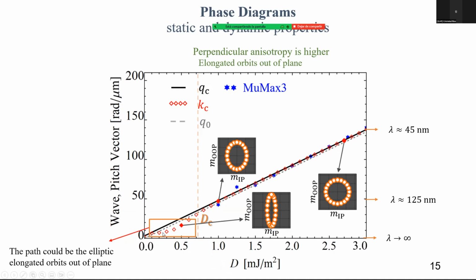And this difference between the spin wave theory and the conical helix model could be because our model describes a circular conical helix, and the spin wave theory is not limited to a conical helix. The spin wave theory can describe an elliptic orbit from the conical helix.